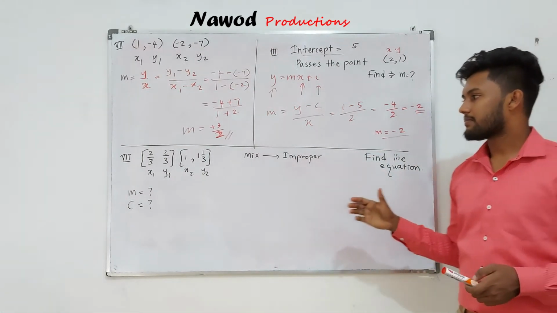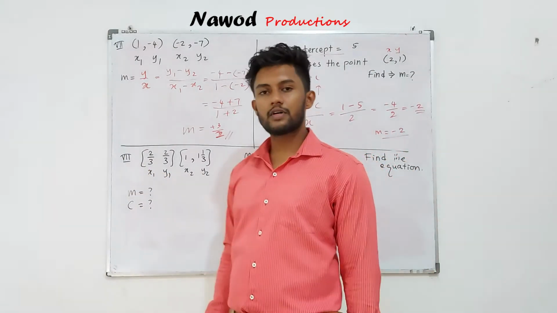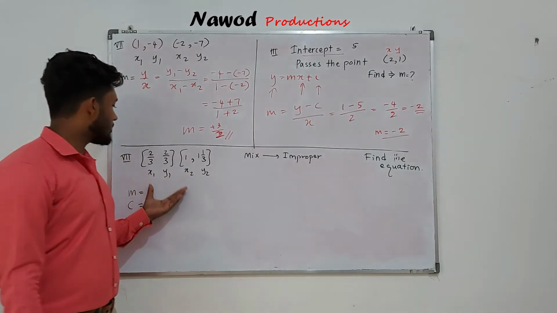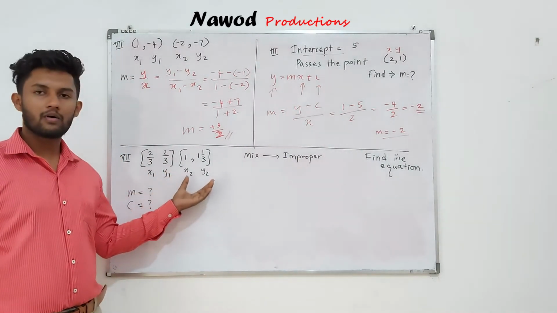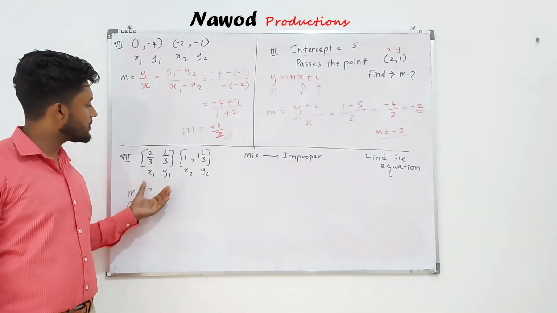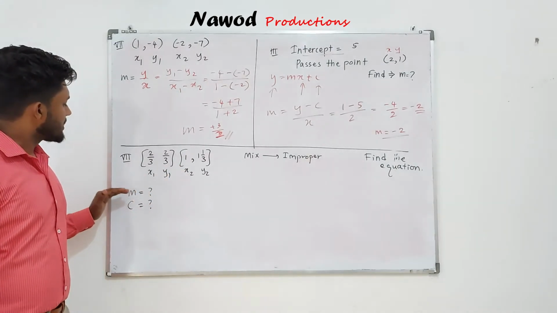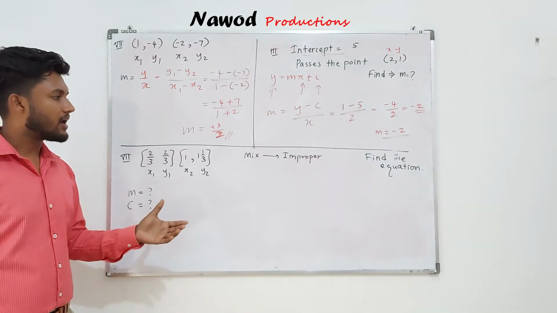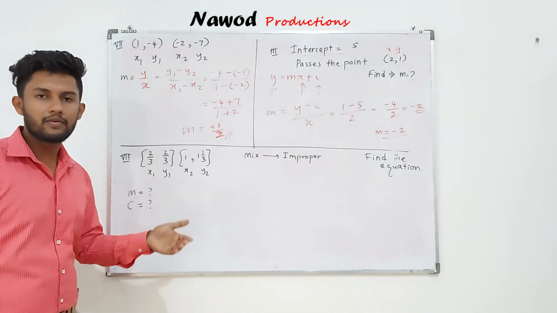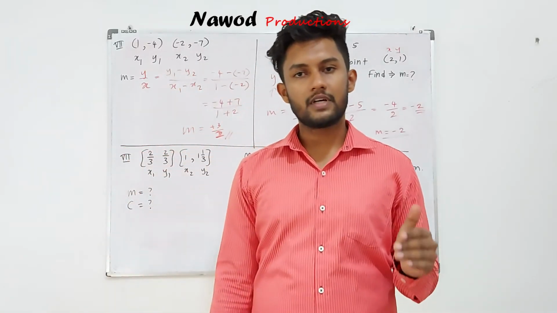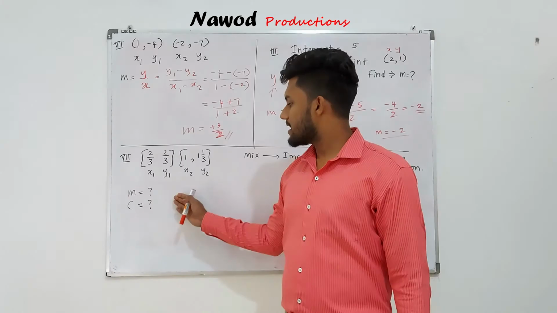Here the seventh question of the next exercise I am discussing. They have given two coordinate points, and you want to find m and c and find the equation. They have not given the equation. Before finding the equation, we want to find the value of the gradient and the intercept.